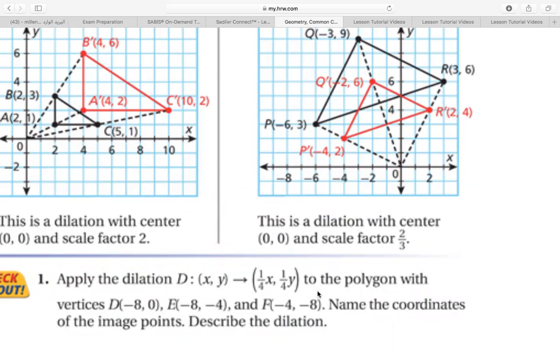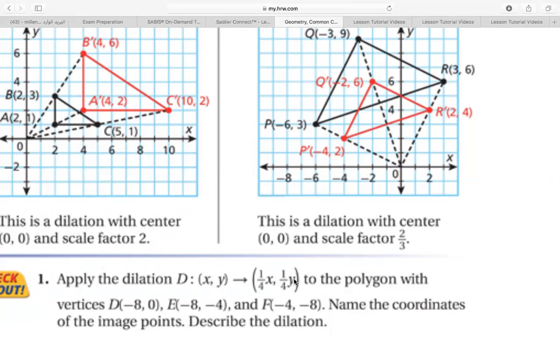Yes, excellent. When k, the factor that is multiplied by x and y, is less than 1, it will be reduction. Remember the real example that I told you. When the factor that is multiplied by x and y is greater than 1, it will be enlargement.